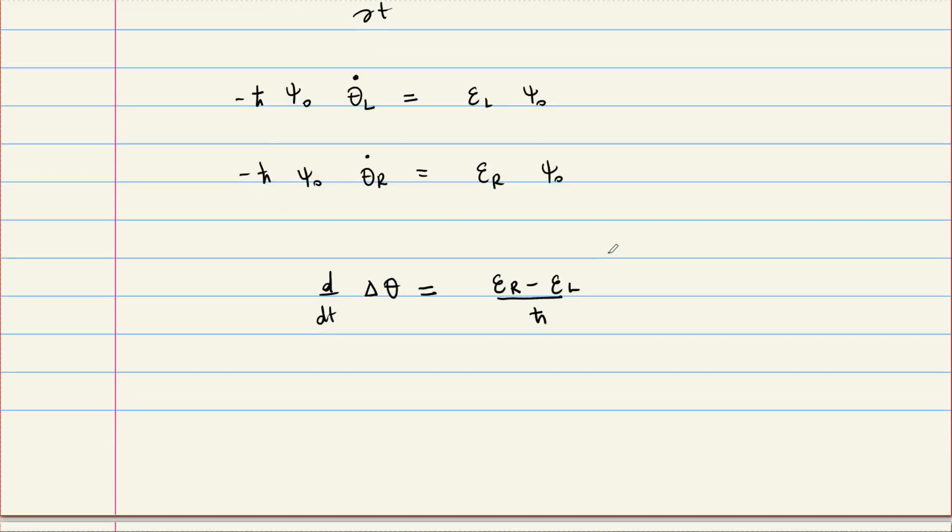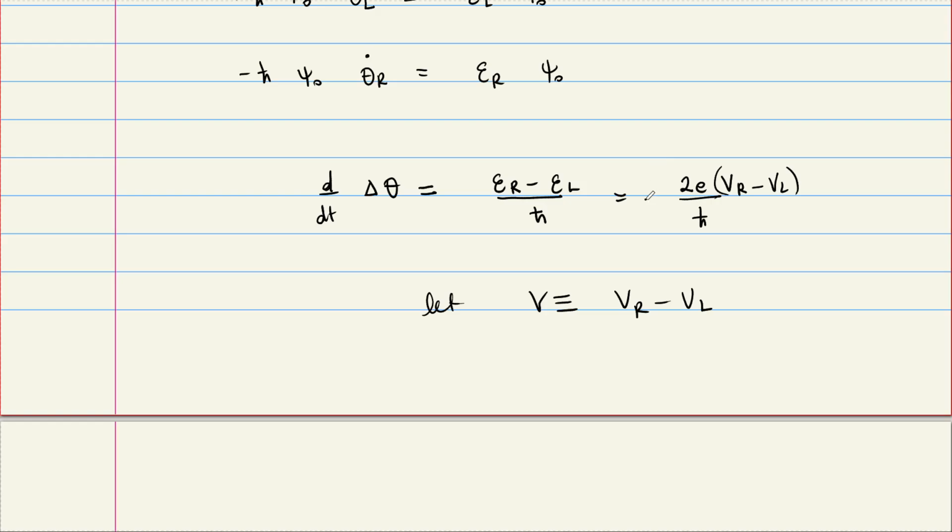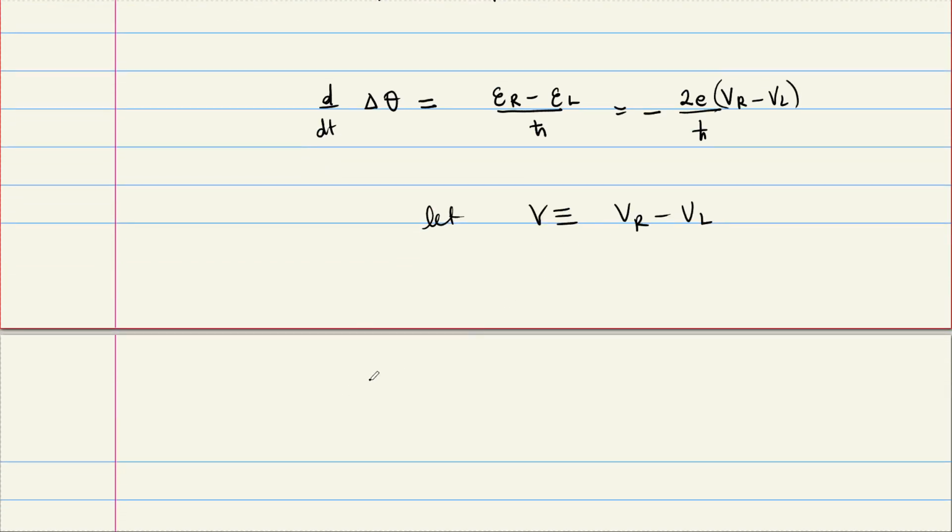The energy difference is going to be just the potential difference times the charge, and this is going to be 2e times V right minus V left divided by h bar. So let V be defined by V right minus V left. There should be another minus. Yes, there is a minus here, but at the end what we have is something like this.